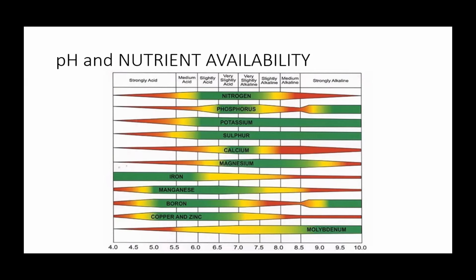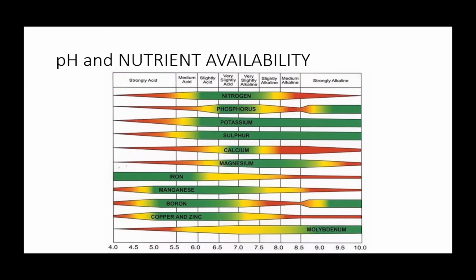So some of the things you might notice is that at the lower pH range, so to the left where it's more acidic, the macronutrients, those that are at the top, tend to be more deficient. So you tend not to have as many of those, which makes sense because your potassium, calcium, magnesium are cations that are exchangeable.